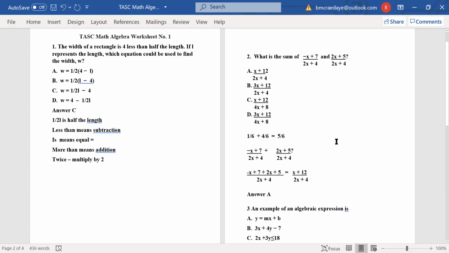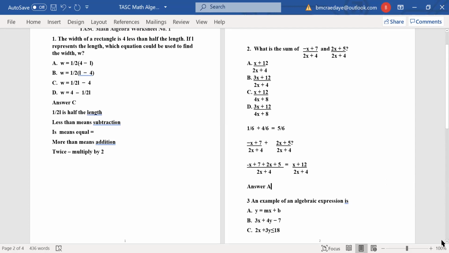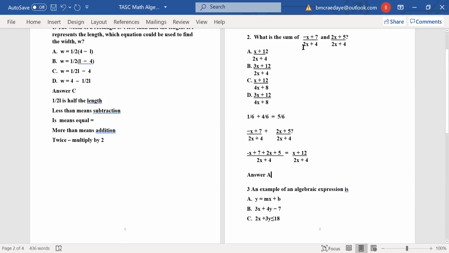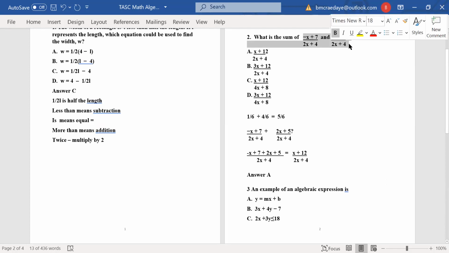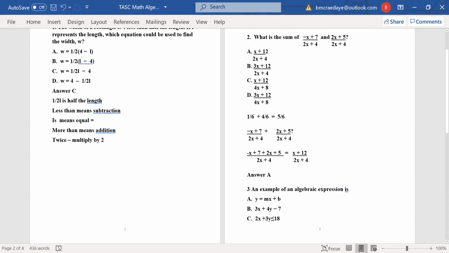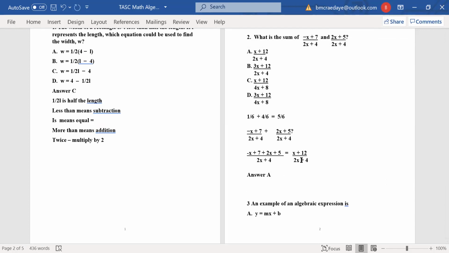Now I want to try another one like that. Let me change this. I'll give you one with the same denominator.